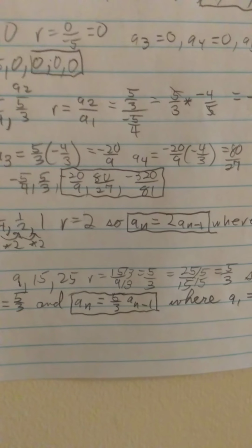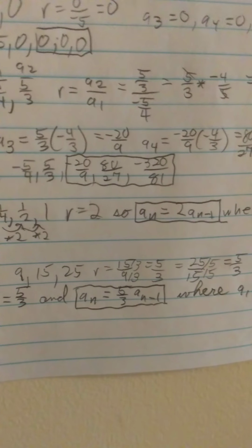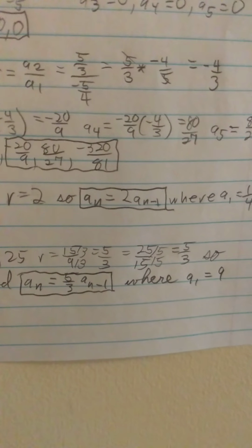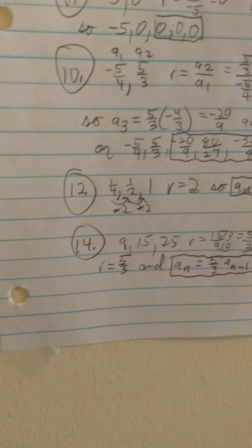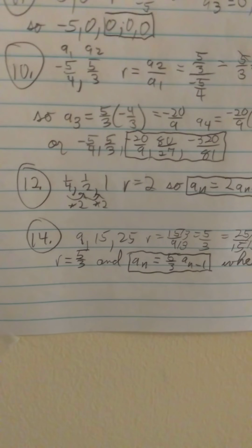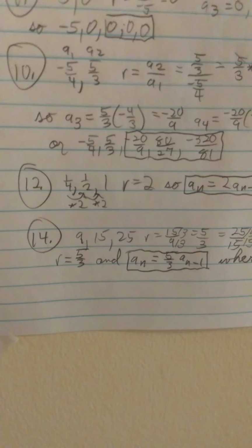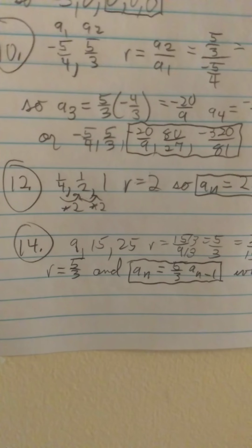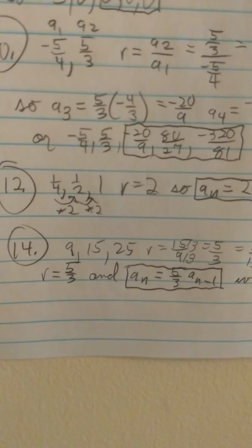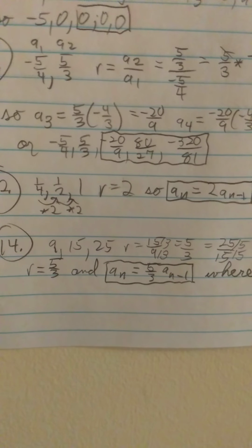So that becomes 5/3 times negative 4/5, and the 5's cancel, giving me an r of negative 4/3 between those first two terms. So now we can say a sub 3 is the second term, 5/3 times negative 4/3. These get to be some funky fractions, or negative 20 over 9.